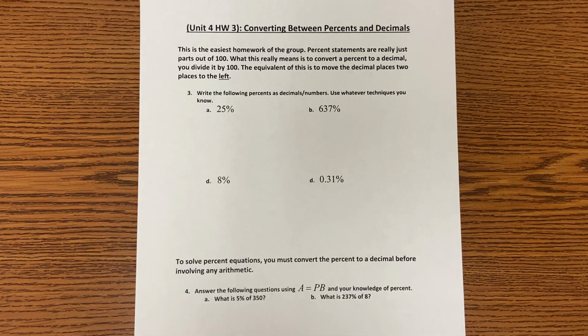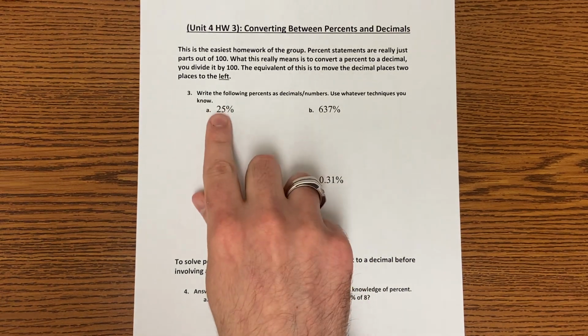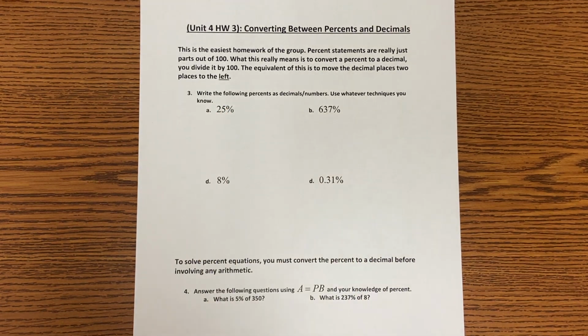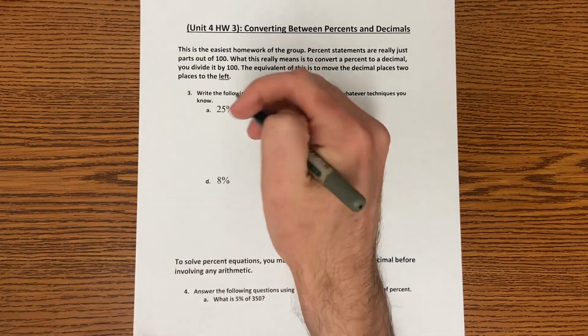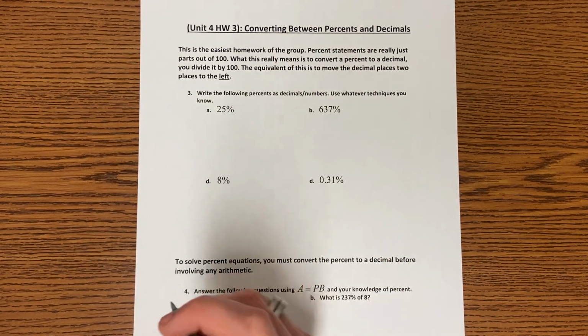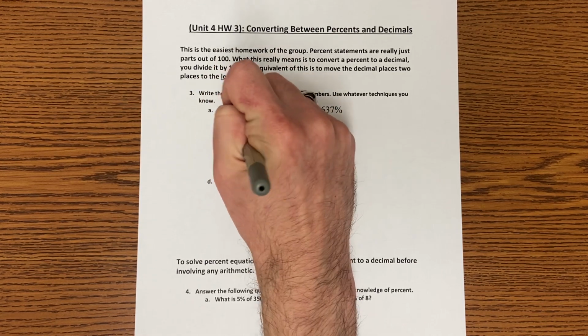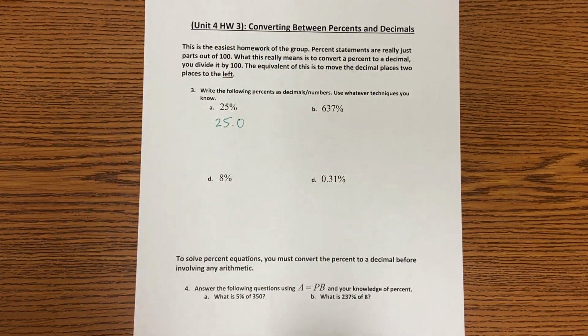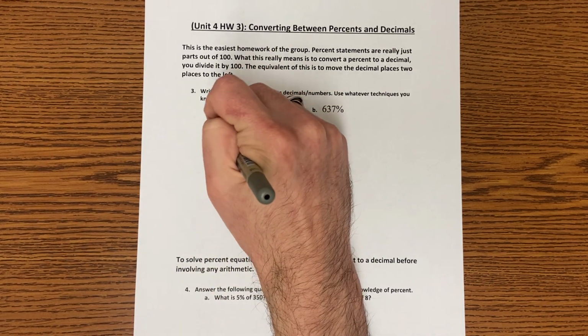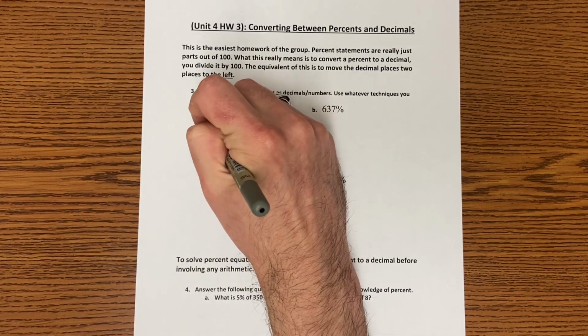So if you're converting from a percent to a decimal, you can think of it as 25 over 100, and you're going to get it in decimal form. But really, it just takes the percent itself and moves the decimal place to the left. So when you have 25%, or whole number, which is really 25.0, if you're converting it to a decimal, you'll move the decimal place twice to the left.